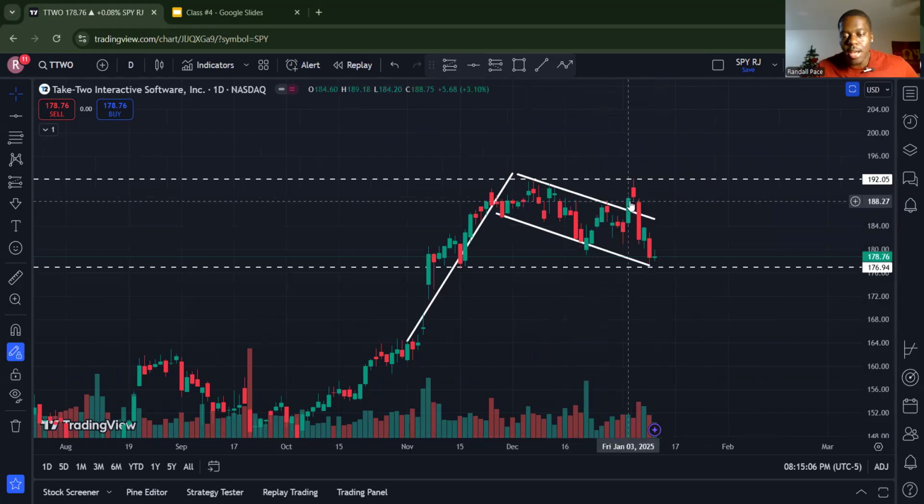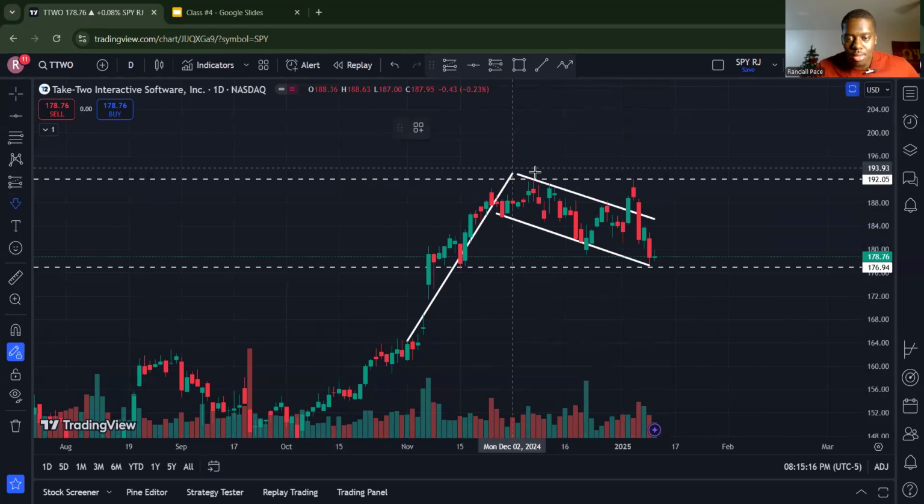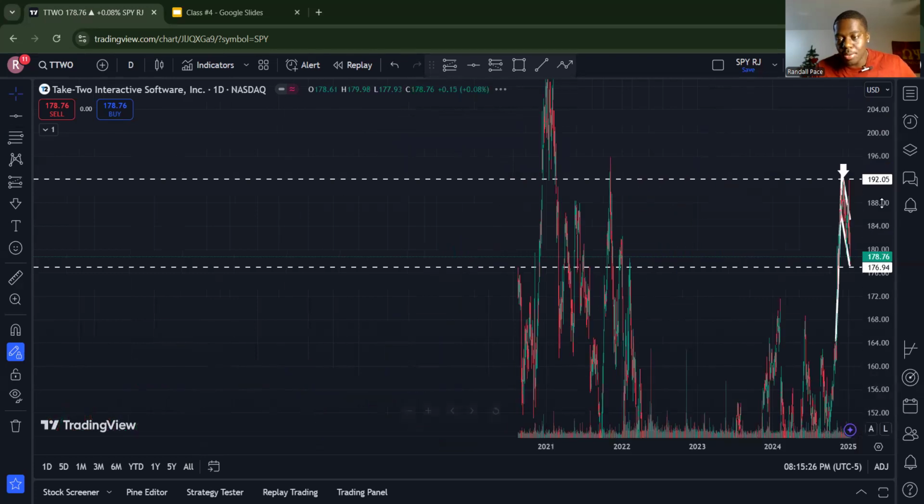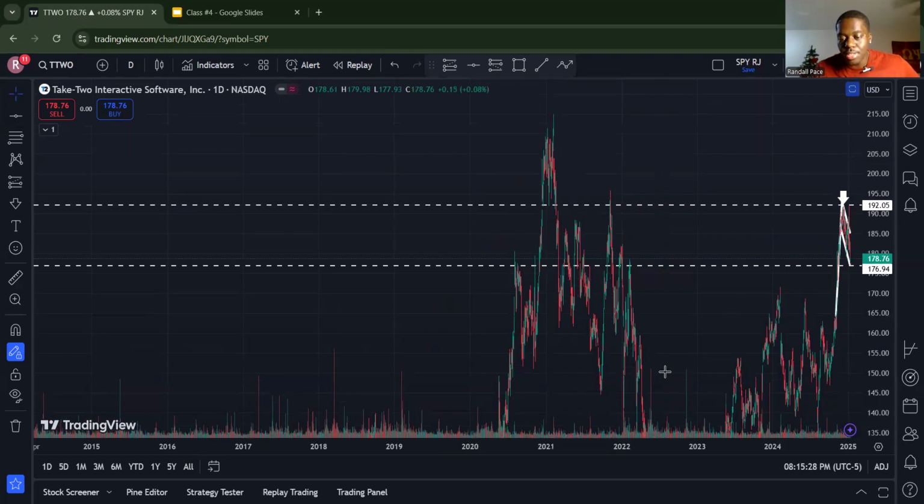Now, when it broke out right here, you'd be looking for this high. That would be the top of the flag. It will also be the highest high point that it had been to at this time, because really, back in the day, it was higher than that.